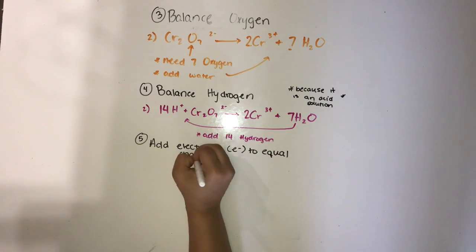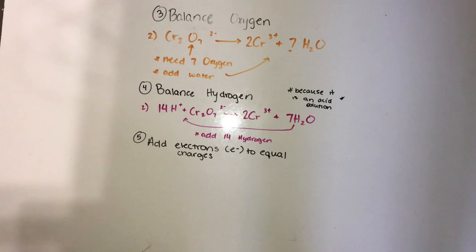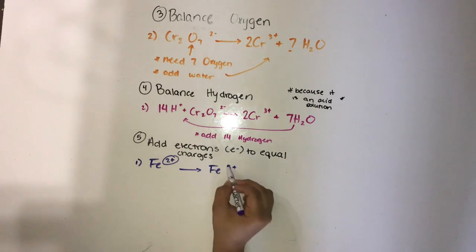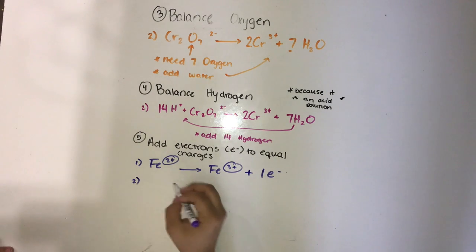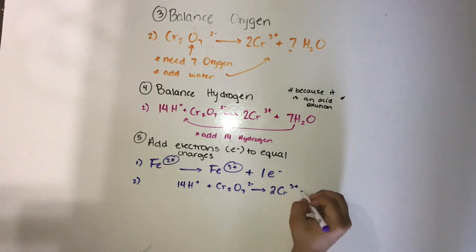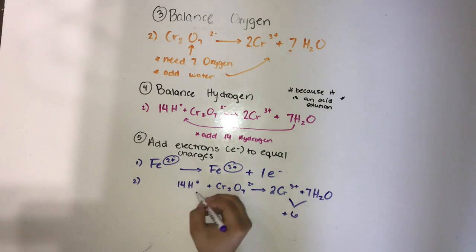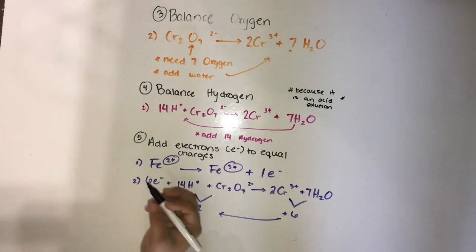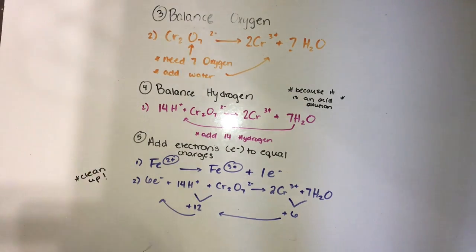Since Fe is 2+ and the product is Fe 3+, we have to add 1 electron to the product side. For the second equation, the charge on the product side is 6+, and the charge on the reactant side is 12+. This means that we have to add 6 electrons to the reactant side to make it 6+ on both sides.